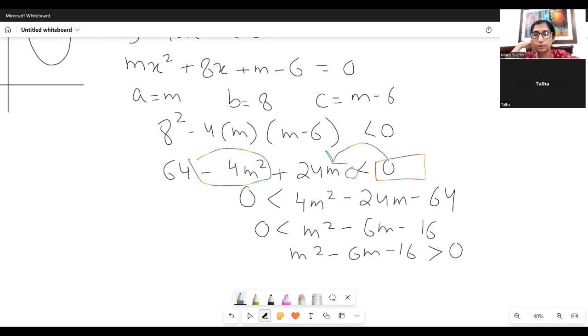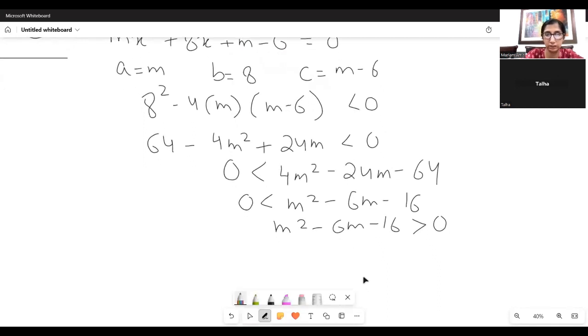Okay, now let's see if we can get the factorized form from the calculator. A is 1, b is -6, c is -16. So yes, when I solve this in the calculator, it's giving me m equals 8 and m equals -2.